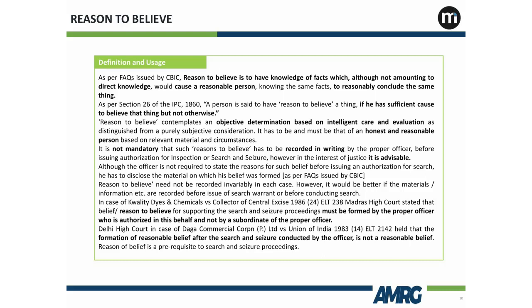Next, if you will remember, what we have read is that any proper officer not below the rank of a joint commissioner, because he is a senior officer, can authorize his junior officer to conduct an inspection.